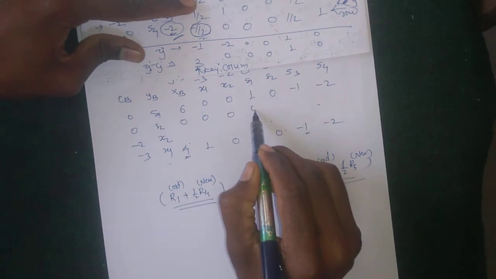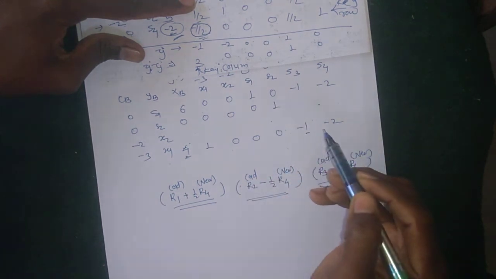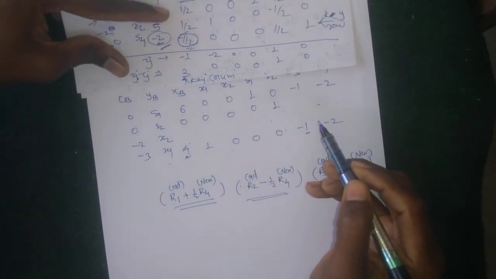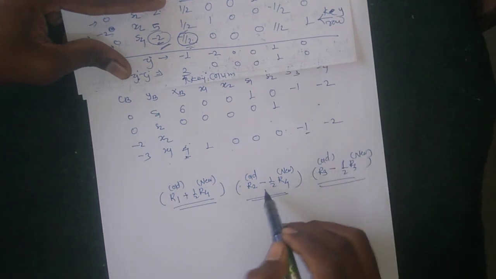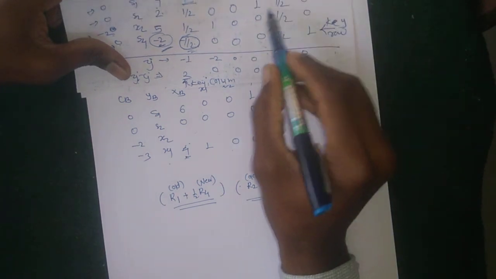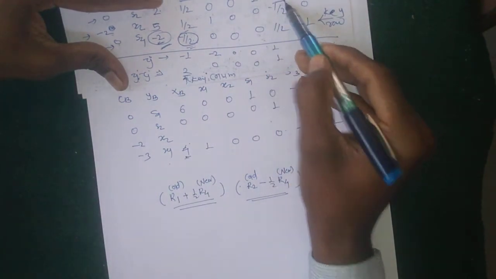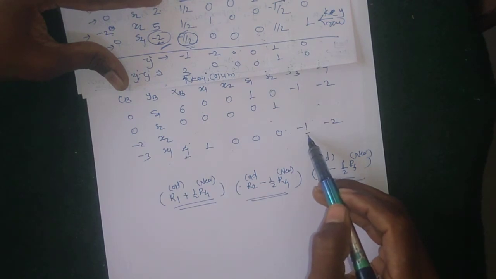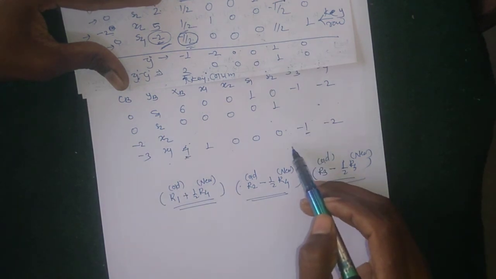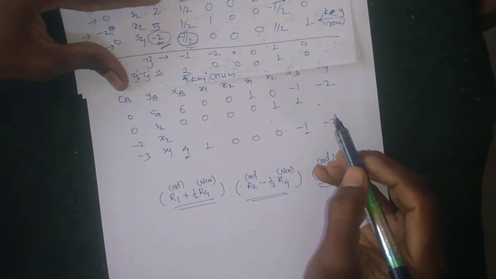The s1 column, 0 minus 0 is 0. The s2 column, 1 minus 0 is 1. Then for the s3 column, 1 by 2 plus 1 by 2 is 1.